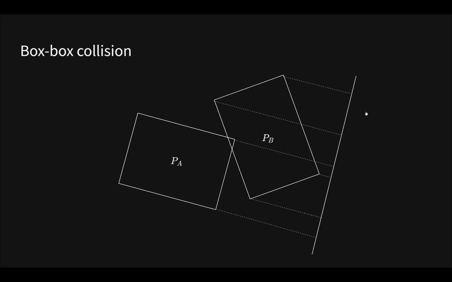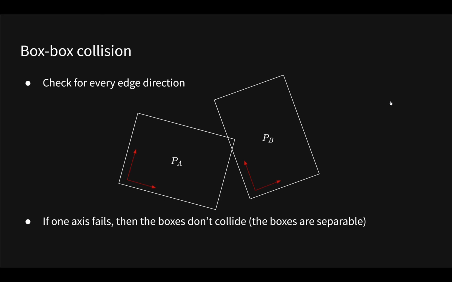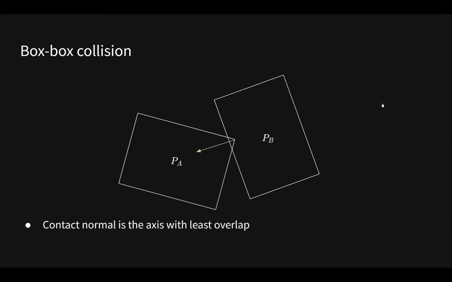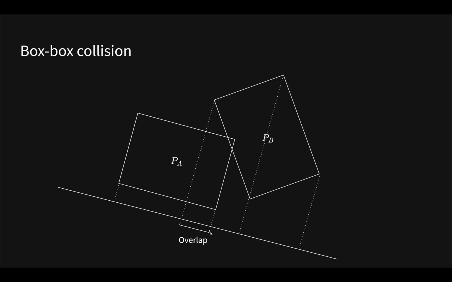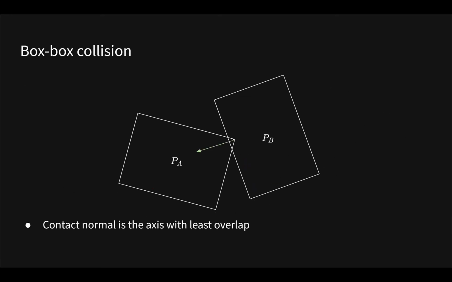If there is, we go check another axis and do the same thing, and we will do this for every edge direction. The idea is, if there is one of these axes where there is no overlap, then the boxes don't collide because the boxes must be separable. If we record the overlaps for each axis and take the axis that has the least overlap, then we can also get the normal.